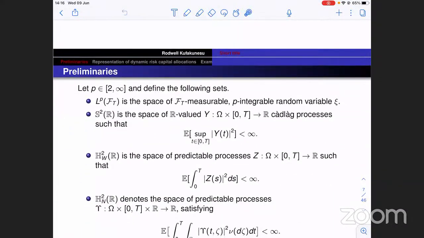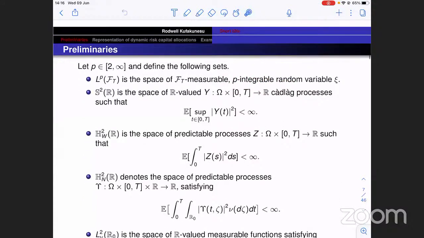Because we are going to work with the BSDEs, they need some housing structure, where they live in some L^p spaces. We also have this space of càdlàg processes with this condition, and also some predictable process, which is in H2, with this condition.